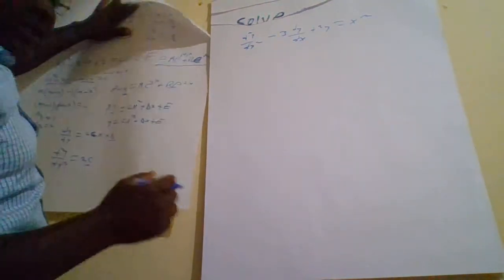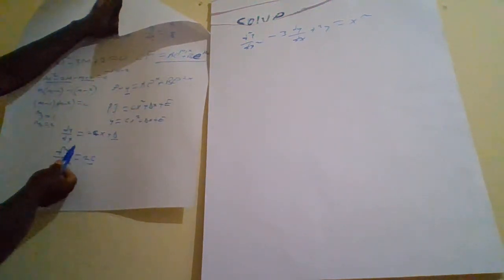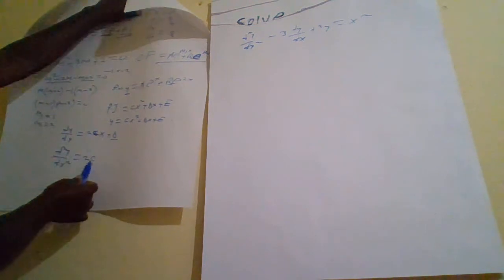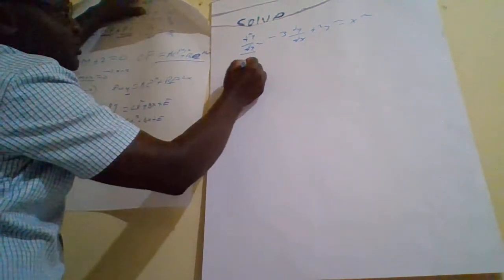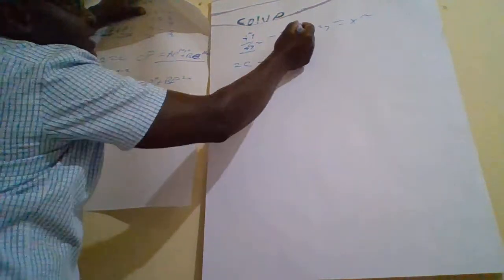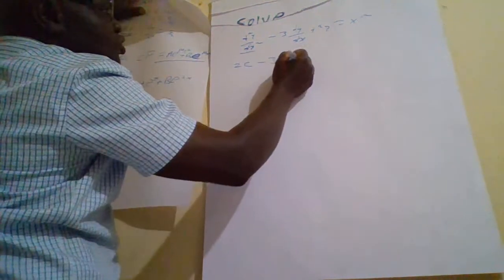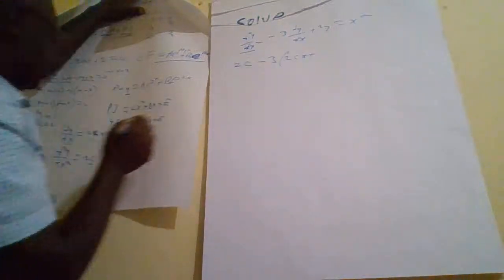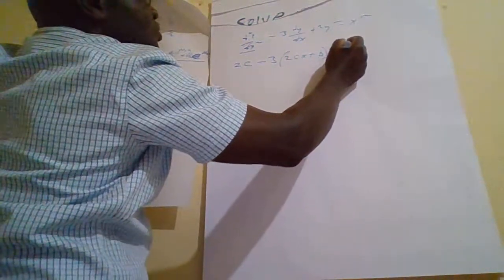But we are now saying that d²y/dx² equals 2c, so we replace this one by 2c, minus 3 dy/dx, our dy/dx, which is 2cx plus d, then plus 2 into y.